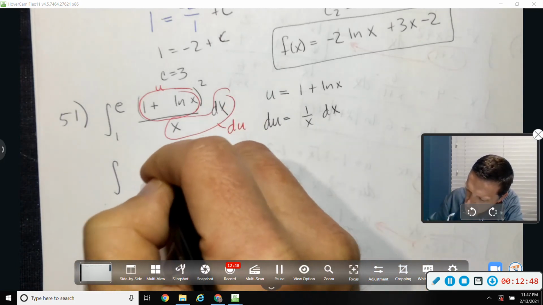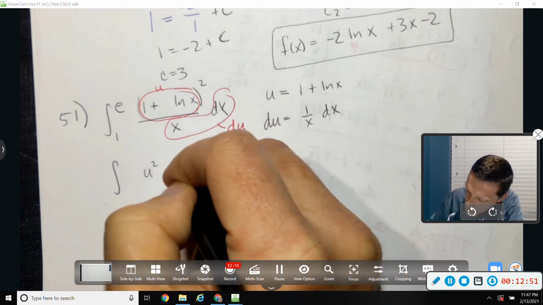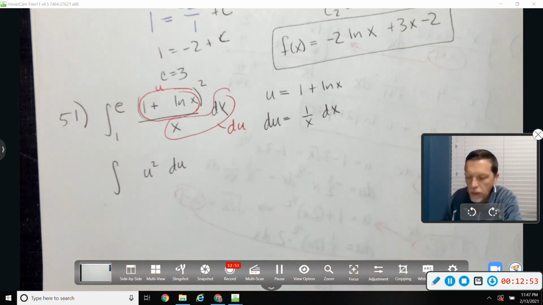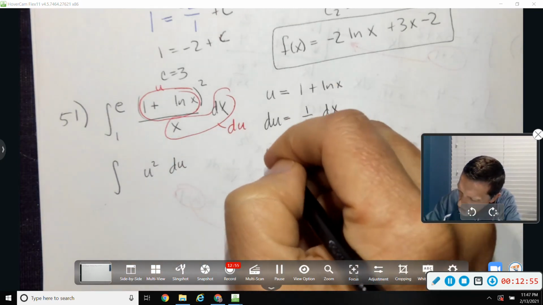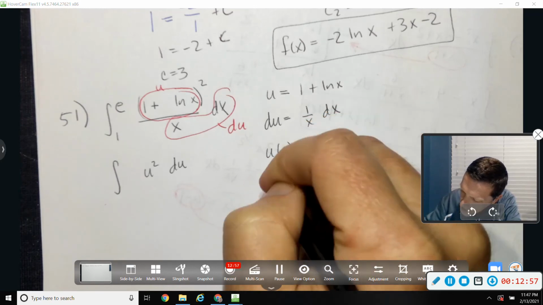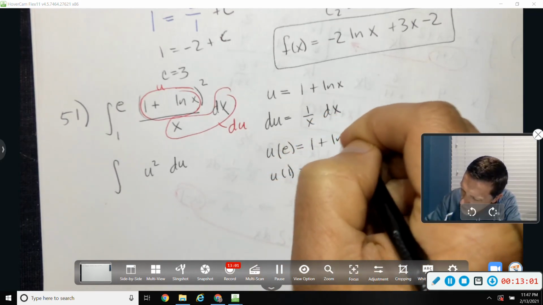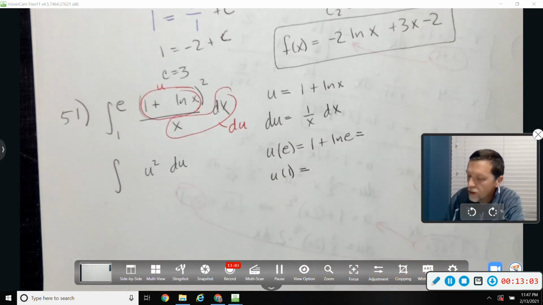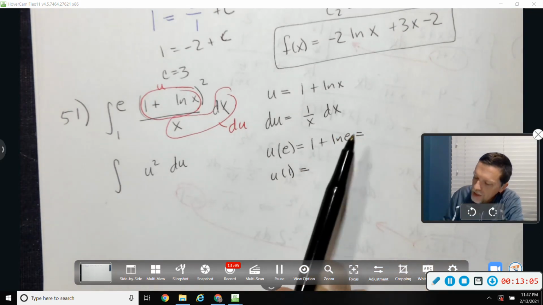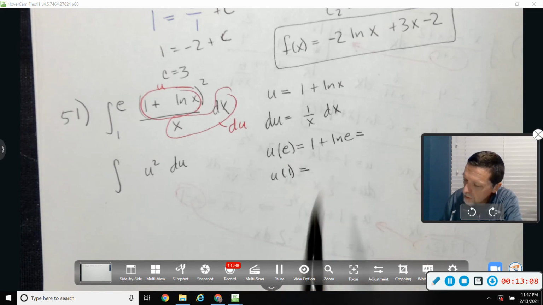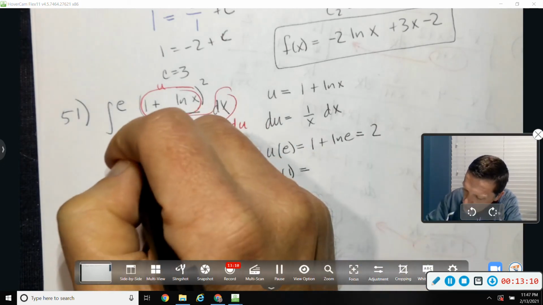of u squared du, which I need to change my limits now, u of e and u of 1. We've got to remember all our natural log rules. Natural log of e is 1, so 1 plus 1 is 2. So my upper limit is 2.